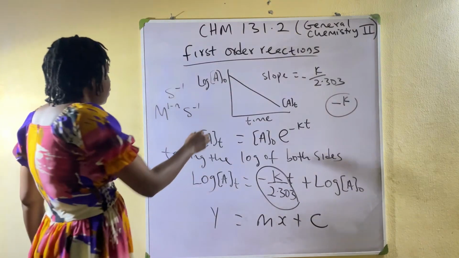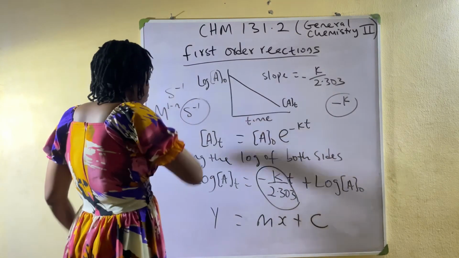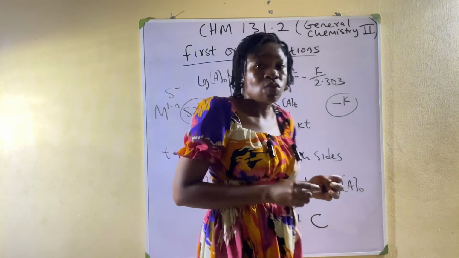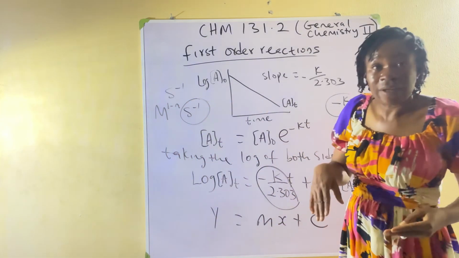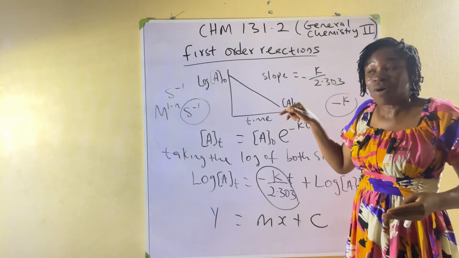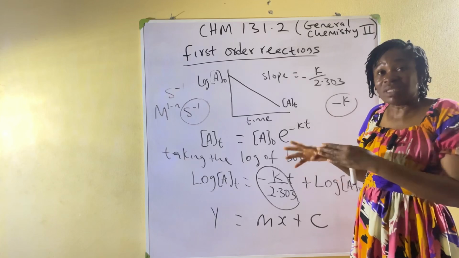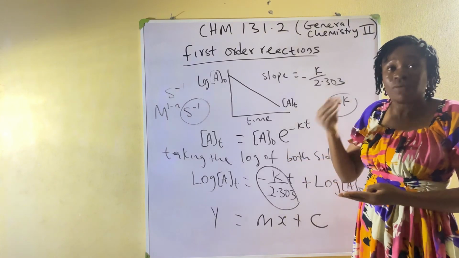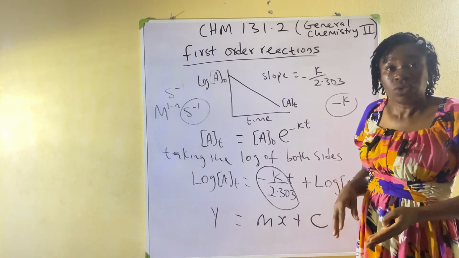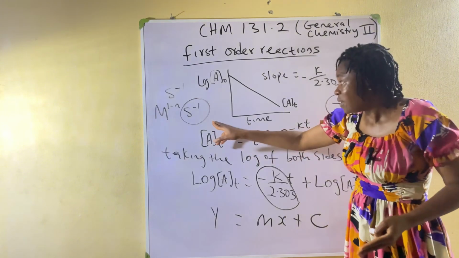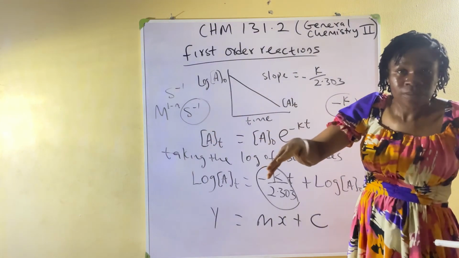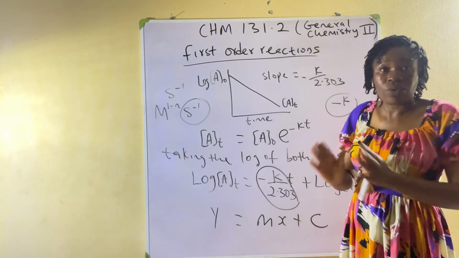So the unit of a first order reaction is per second. If you are given any calculation question and the order of reaction is not mentioned, but the unit of the rate constant is written, through that unit you know the order of reaction and the formula to use. If you are given per second, you should not use the zero order formula instead of the first order one. The answer will be wrong.